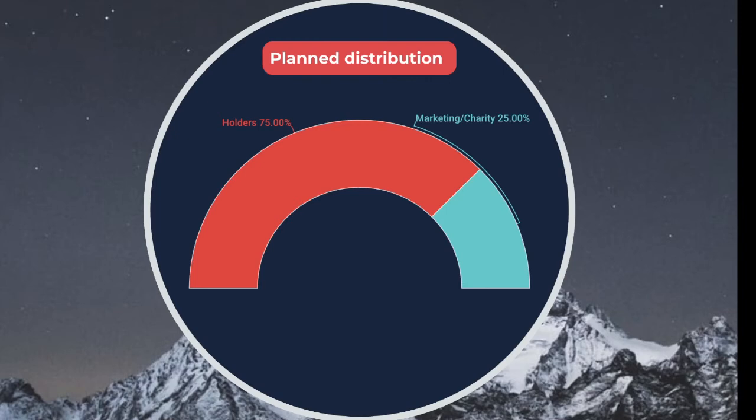A lot of people are asking, should we be worried? No, not at all. Keep in mind, we did a 150x. This is a huge pump. Some projects never reach a 100x. And it is normal to have a correction.